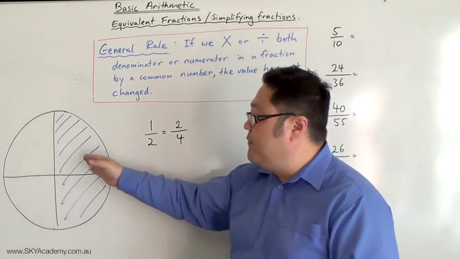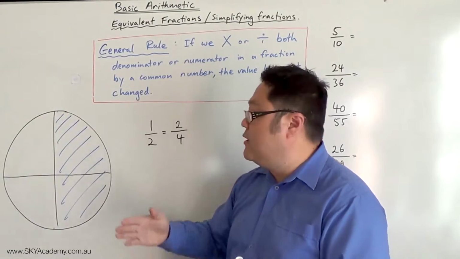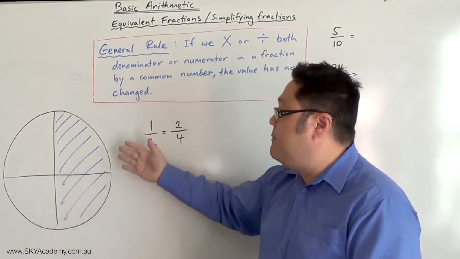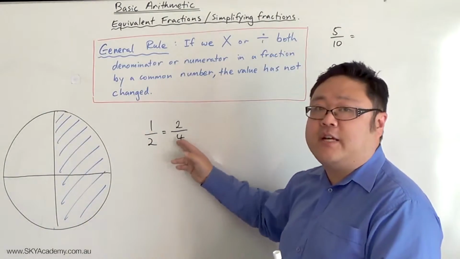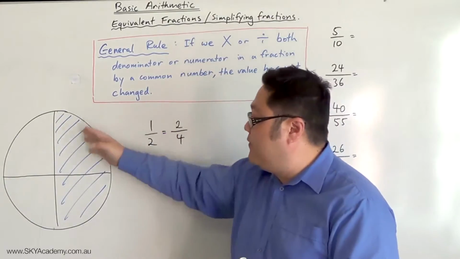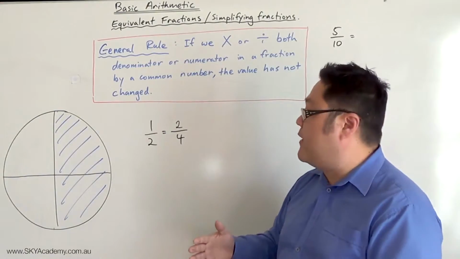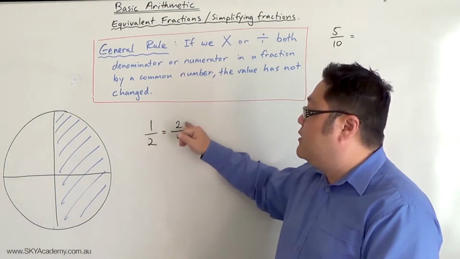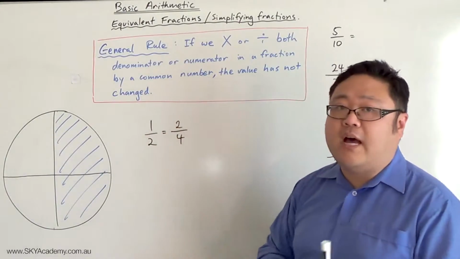Now, have we changed the amount of pizza that we set aside? No. The amount of pizza that we've set aside is still the same, but the fraction has changed. The value of the fraction hasn't changed, but the way that we've written the fraction, or the way that we express the fraction, has changed from 1/2 to 2 quarters, although those two expressions are equal.